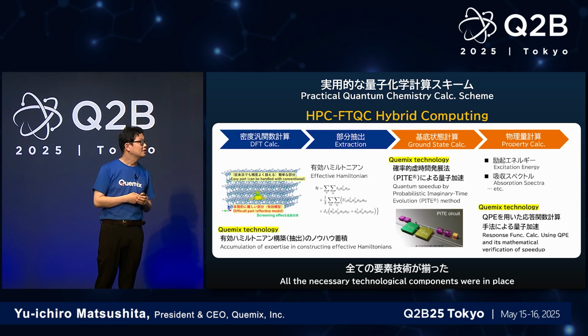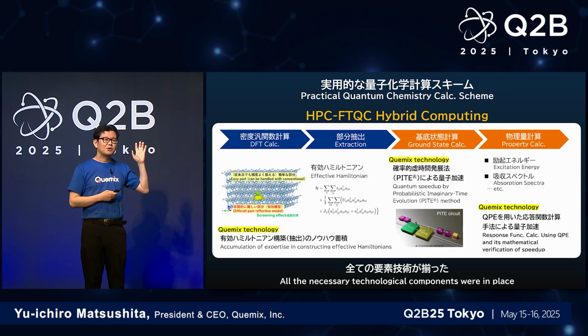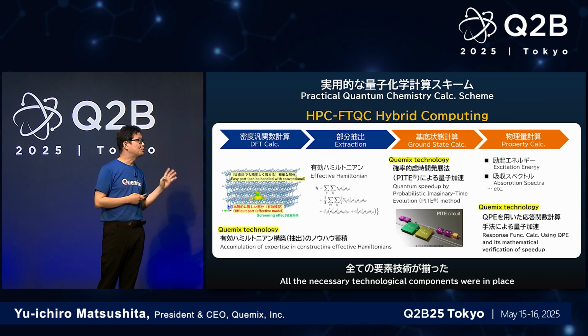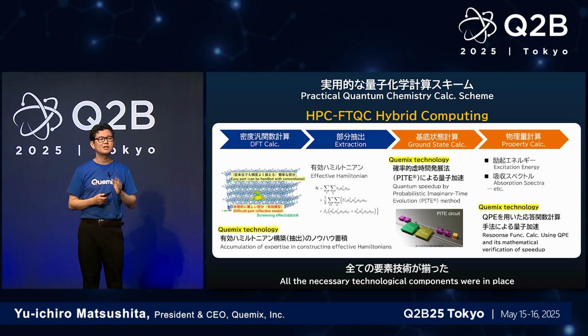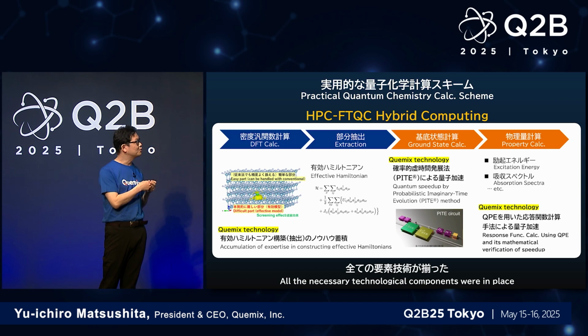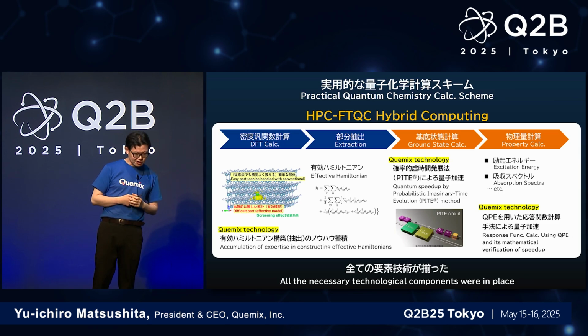We believe that the response function is the best function to be used in these use cases. So as you just saw, for those 4 steps to be realized, what kind of elements are necessary? We have actually been working on all these underlying technologies, and all of them are present today. We have them all. So now that they are ready, from end to end, we are able to do this calculation.